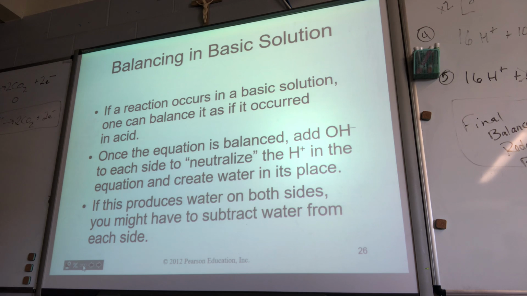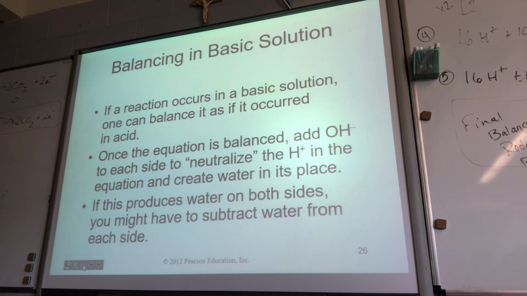So to give you an idea of what this is, and we will balance a couple of basic reactions as well tomorrow, since I added 8 H pluses here, I'm going to add 8 OH minuses here, and I'm going to add 8 OH minuses here. What this also then does, and we just said, OH plus H makes what?